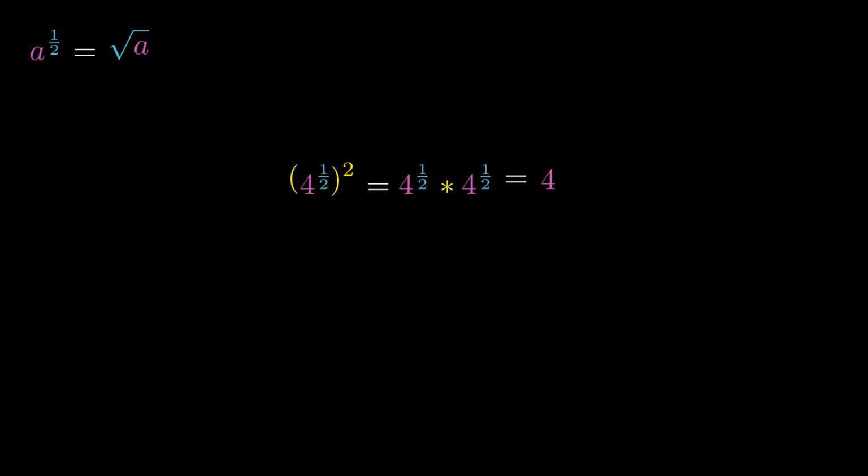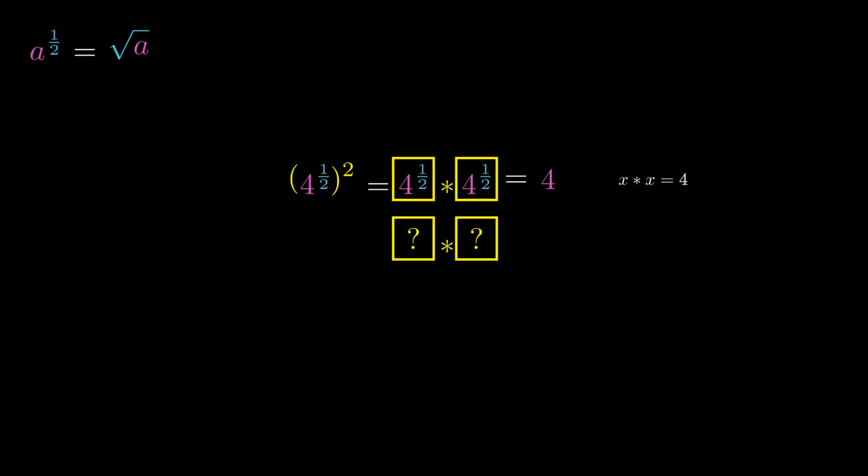So we will have 4 to the 1/2 times 4 to the 1/2. And so these two numbers have to multiply to get 4. Asking what number squared gives me 4 is the same as asking what is the square root of 4. So this right here means that 4 to the 1/2 must be the square root of 4.